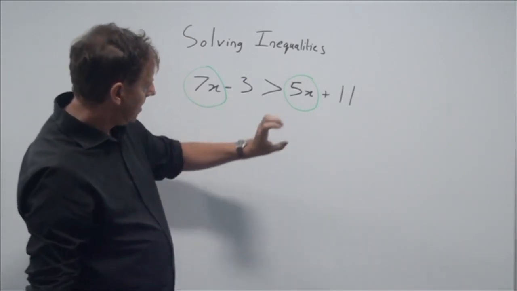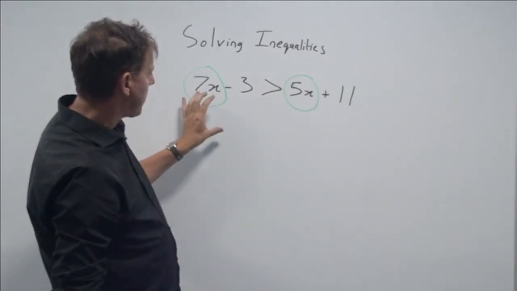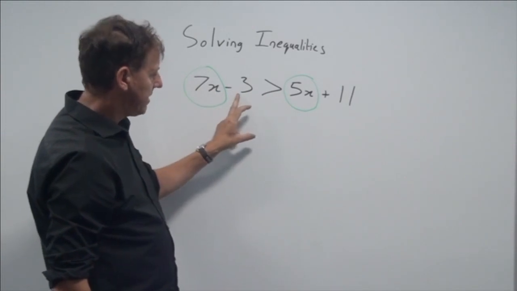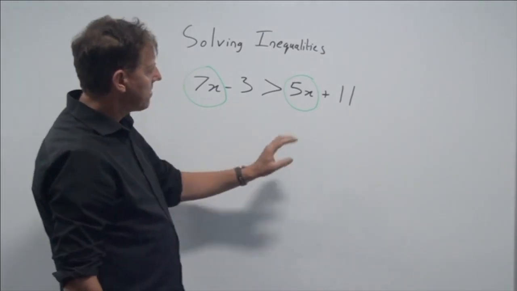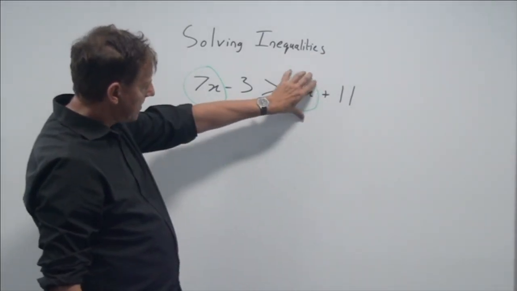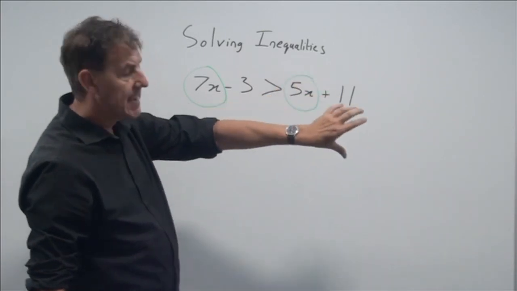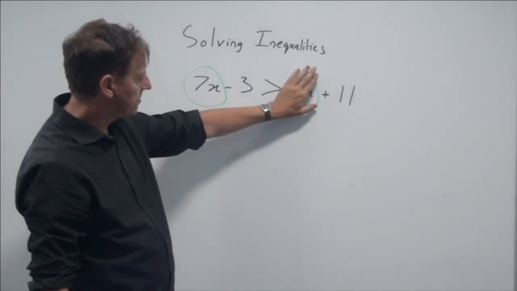So what have I got to do? I've got to get this 5x, remove it, and bring it onto this side. I've not touched the minus 3, it's going to stay exactly where it is. I've not touched that plus 11, it's going to stay exactly where it is. How do I do the plus 5x? Well, basically I do the opposite to plus 5x, which is to take 5x off. Just imagine if I took 5x over there, it would disappear.